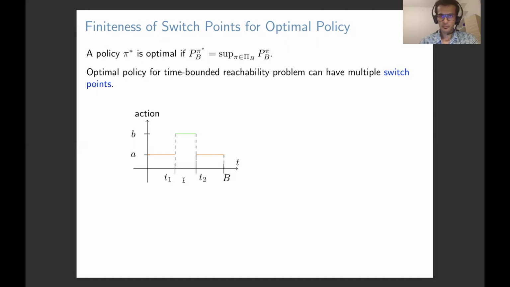A switch point is defined as a time point at which the optimal policy takes different actions right before and right after this time point. For example, you can see that at T1 and T2, such a thing has happened. Therefore, they are switch points for the optimal policy.